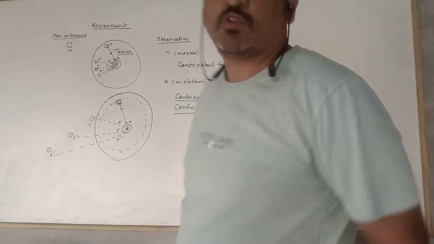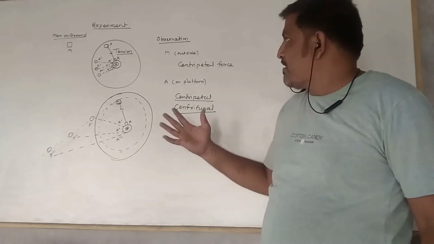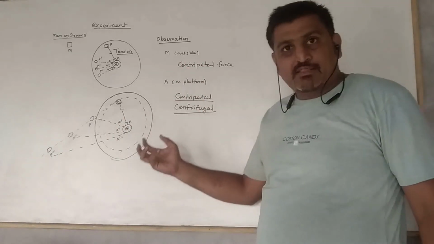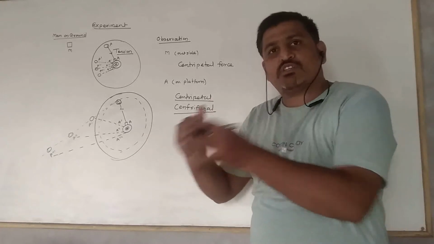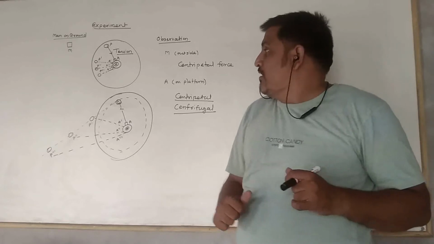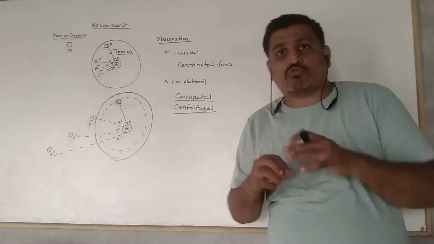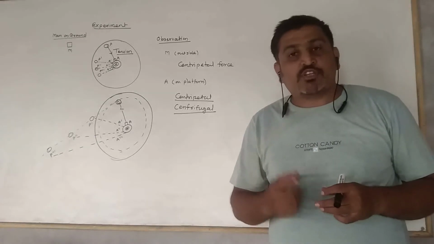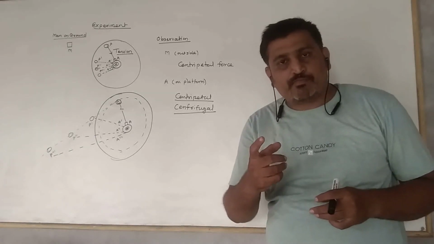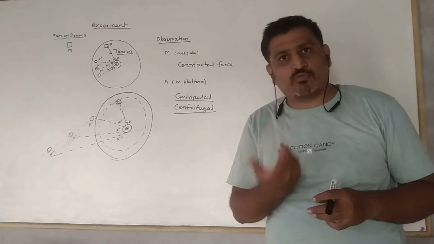Let's say for the person A, the ball is always stationary, even if the merry-go-round moves. Now, he is considering that there are two forces acting on the ball. Due to the tension in the string, the centripetal force is provided to the ball for the motion.